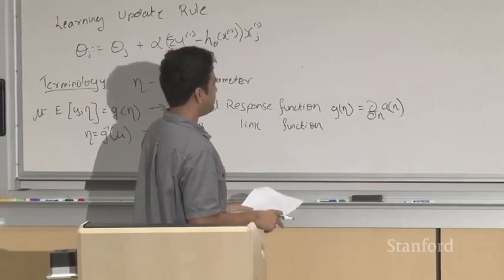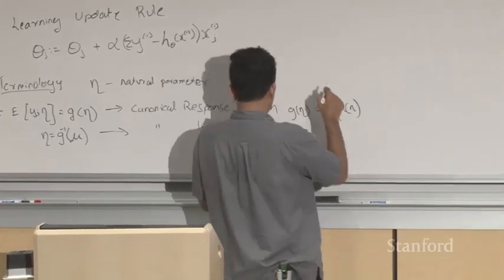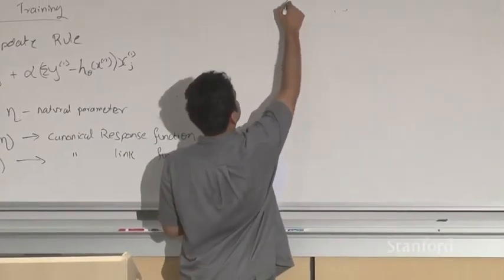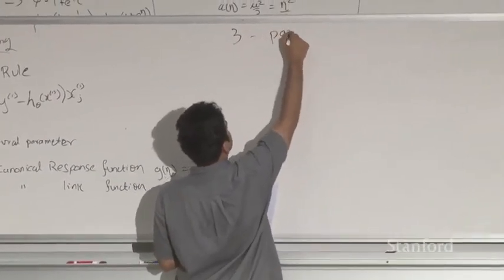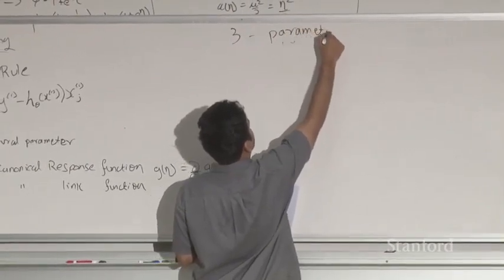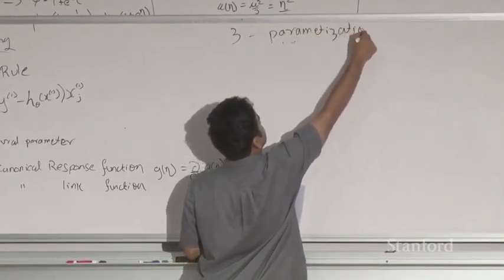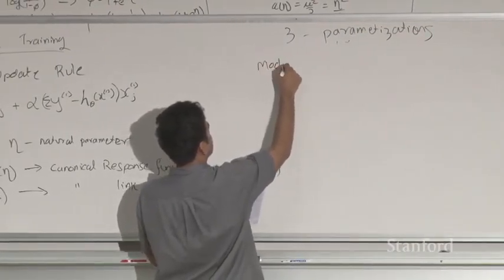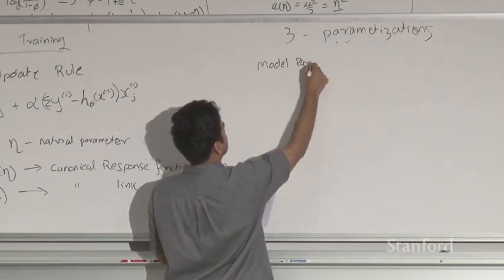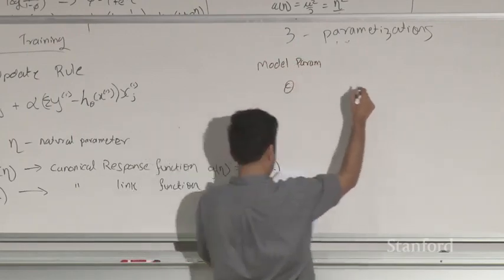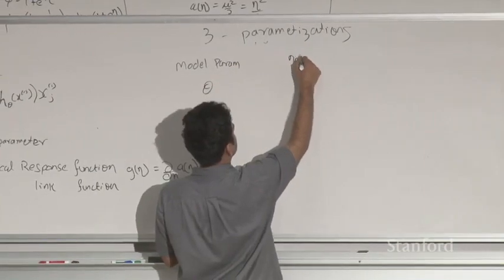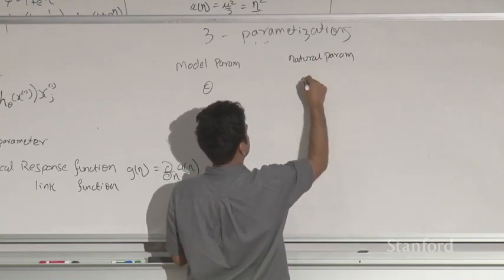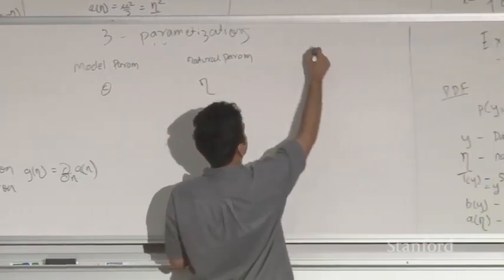It's also helpful to make explicit the distinction between the three different kinds of parameterizations we have. So we have three parameterizations. We have the model parameters, that's theta, the natural parameters, that's eta, and we have the canonical parameters.